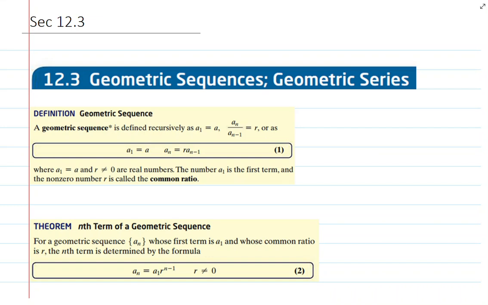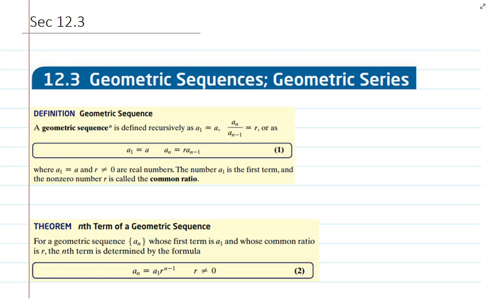Okay, the r is what we'll be looking at because the r is the impact that happens on this series and sequence, a multiplier as it were. We can't have 0 for a, but it is under n minus 1, and r cannot be 0.